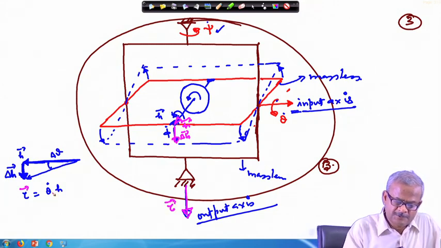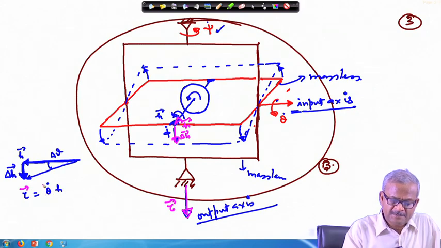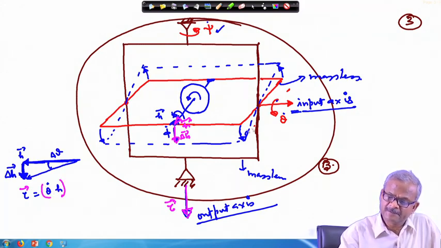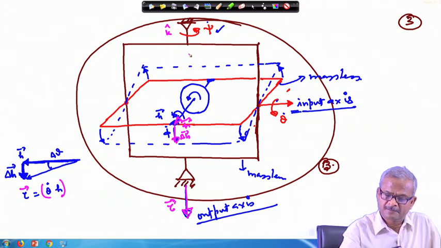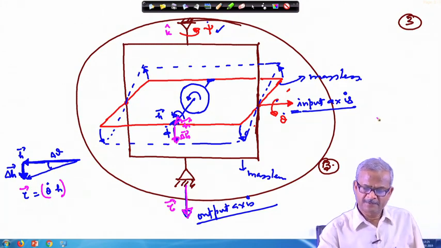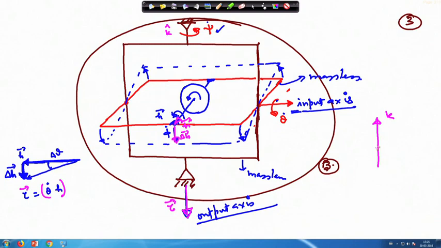So, this quantity we can write as theta dot times h, and if I write here in the outer frame, if I define this as k, so with respect to the outer frame, this direction is k, and this we are showing as i and this as j.